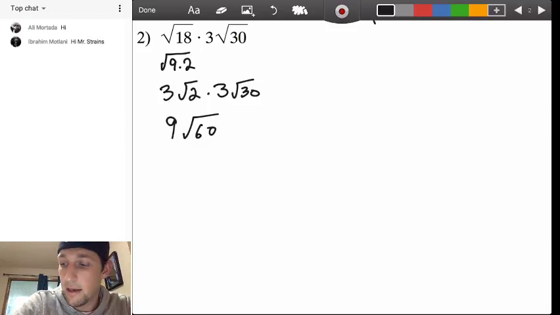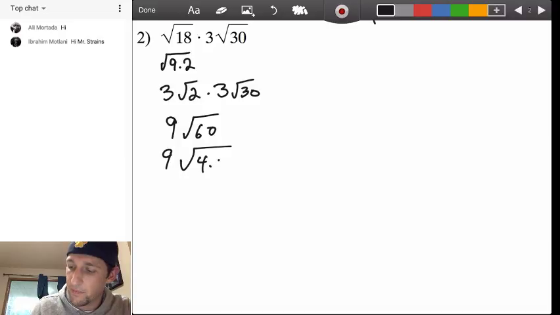And now when I try to simplify that, 4 is the perfect square that goes into 60. It's 4 times 15. Here's where I will make sure I actually show my work. That 4 I'm going to turn into a 2.